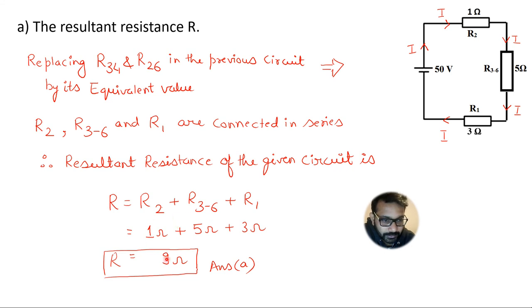Substituted the values and finally added them together to get the equivalent resistance of the entire given circuit as 9 ohms.